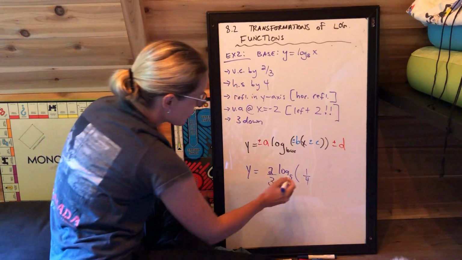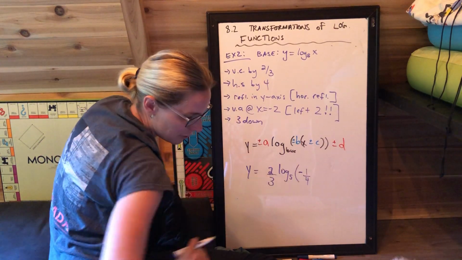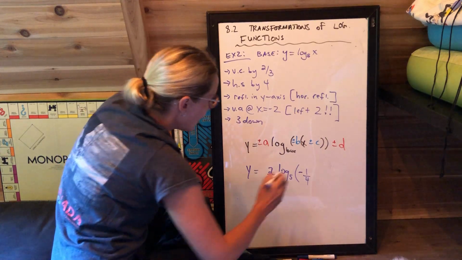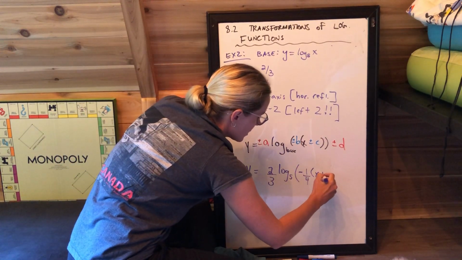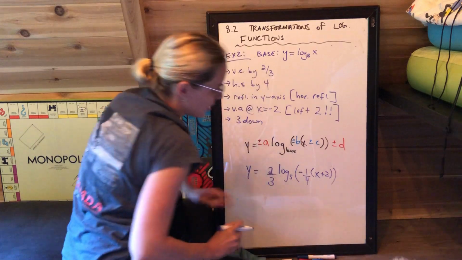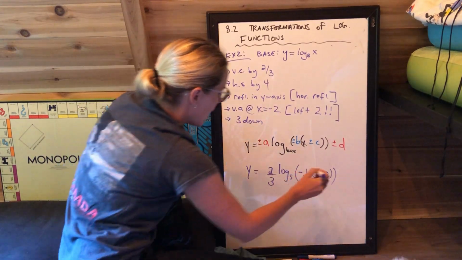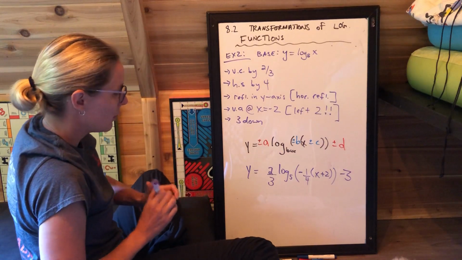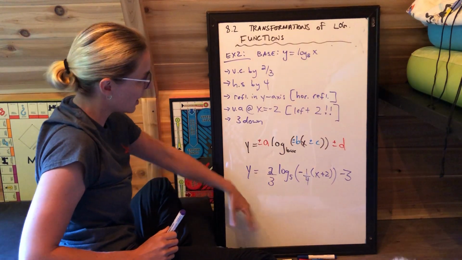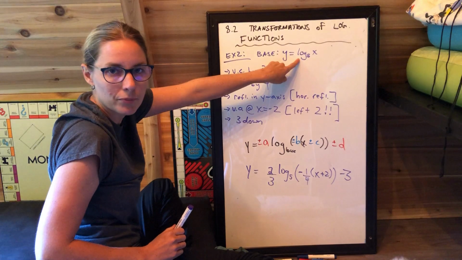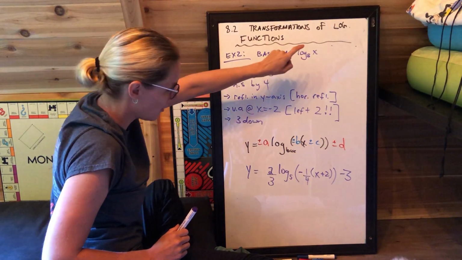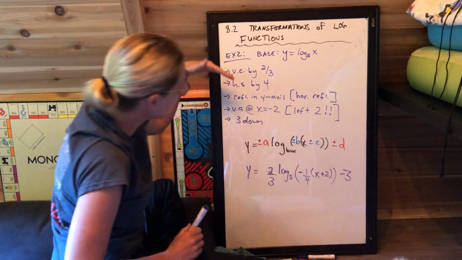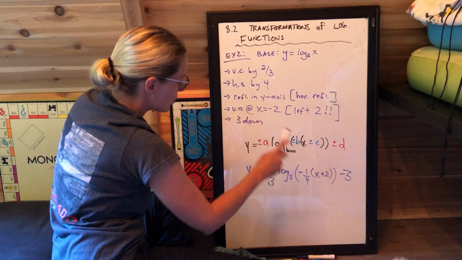It also has a horizontal reflection, so there's going to be a negative in there. Left 2 means it appears as a positive inside the function, but it's actually moving left 2. And down 3 means you'll have a -3 at the end there. Okay, so all of these are being applied to this base function, log x base 5. So just be aware, nothing is changing in the way. The wording is a little bit trickier.